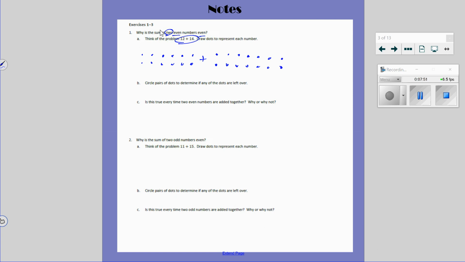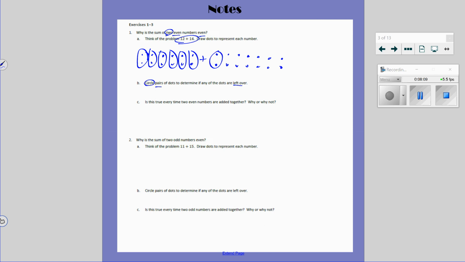And then in part B, the instructions are to now circle pairs of dots to determine if any are left over. So in the 6, if I circle the pairs, I end up with 6 sets of pairs, nothing left over.